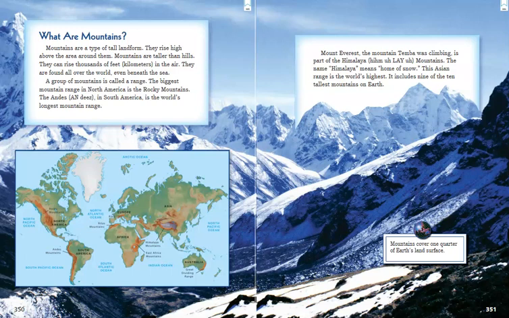They are found all over the world, even beneath the sea. A group of mountains is called a range. The biggest mountain range in North America is the Rocky Mountains. Remember, guys, North America is where we live. The Andes in South America is the world's longest mountain range.